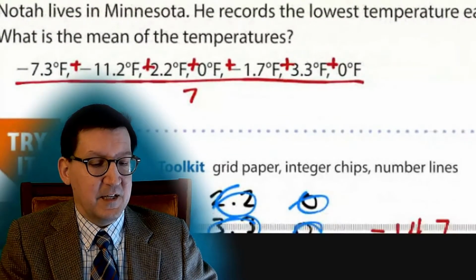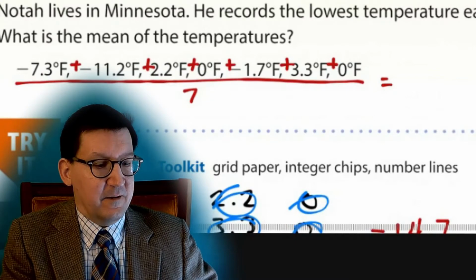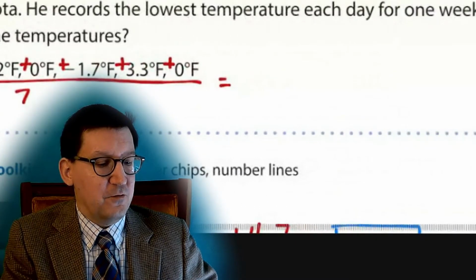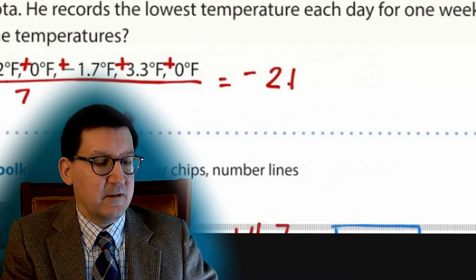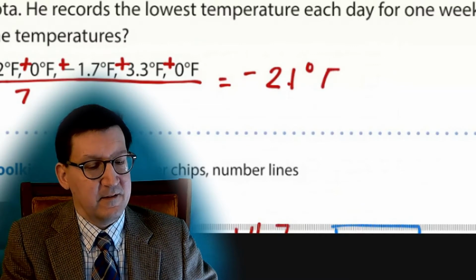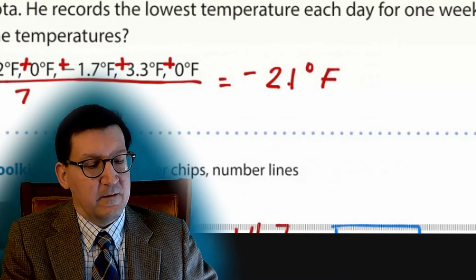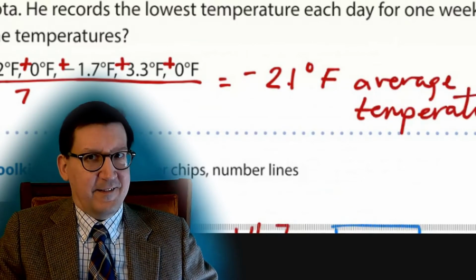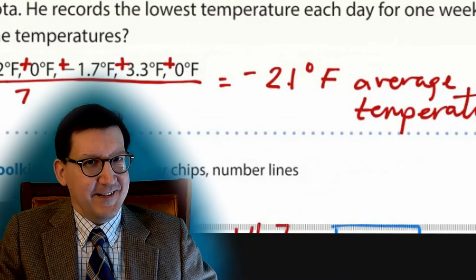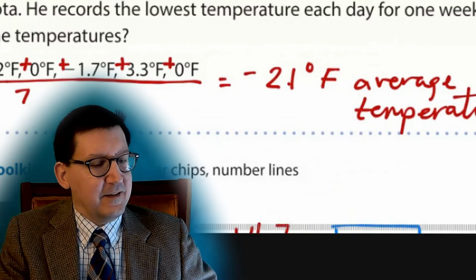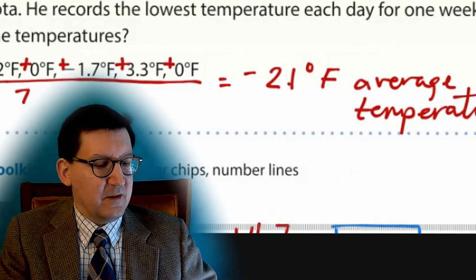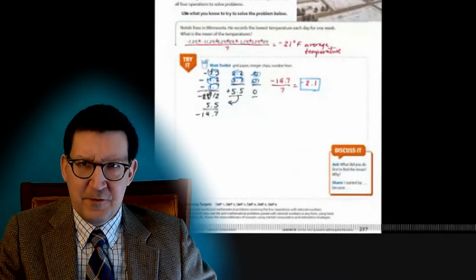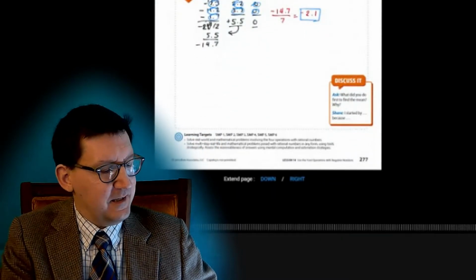And that gives us an answer of negative 2.1 degrees Fahrenheit average temperature. All right, a little bit of a reminder for finding the mean. So much for page 277.